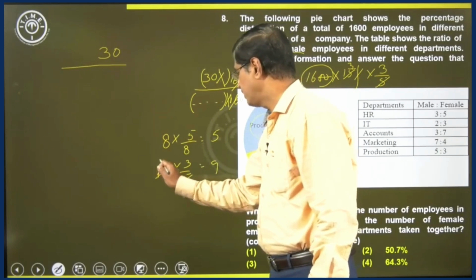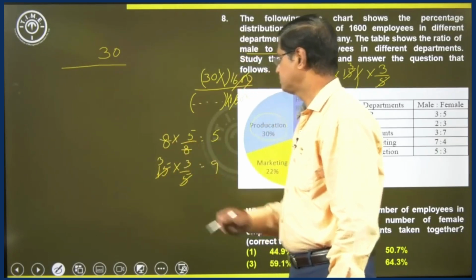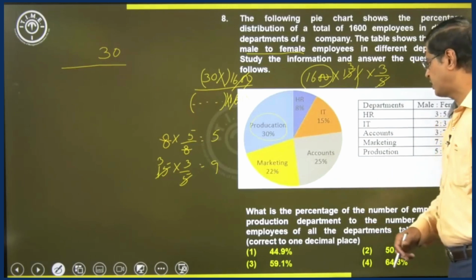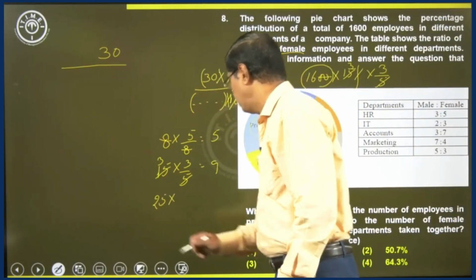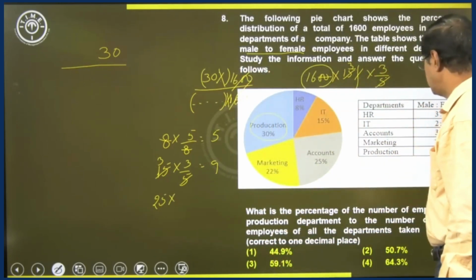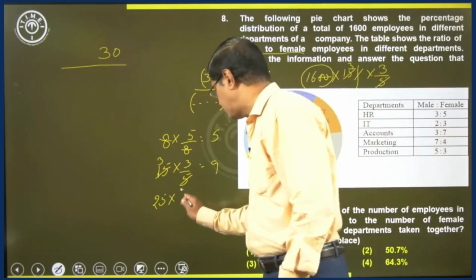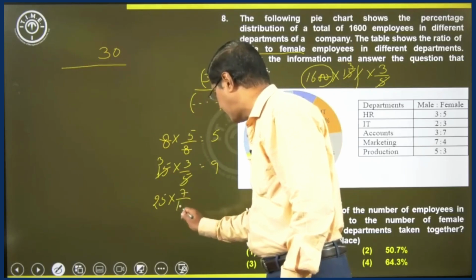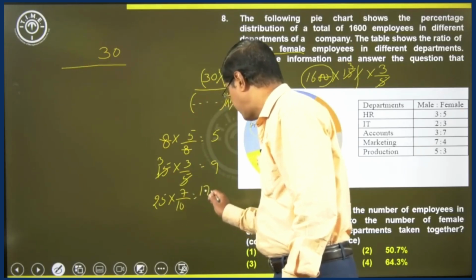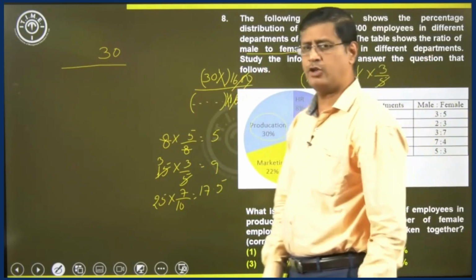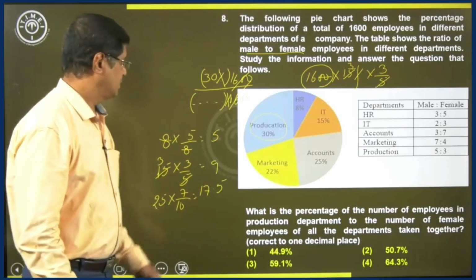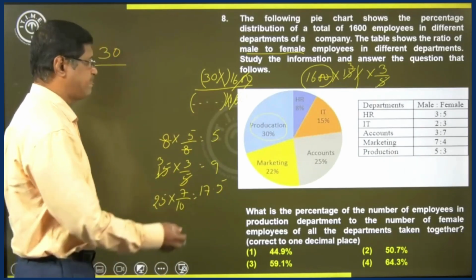It goes exactly 3 times. The next one is accounts. Accounts here 25%. So 25 into 3:7 means 7 by 10. What is the result? 17.5. 7 times 25 is 175, so 17.5.